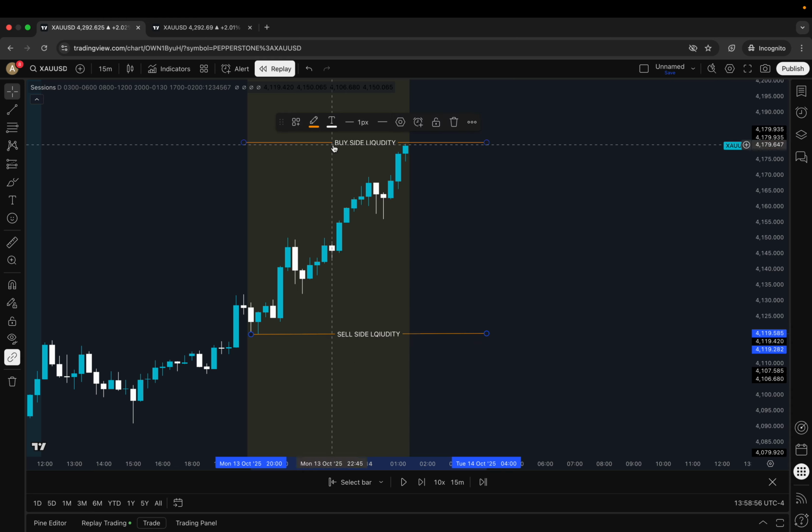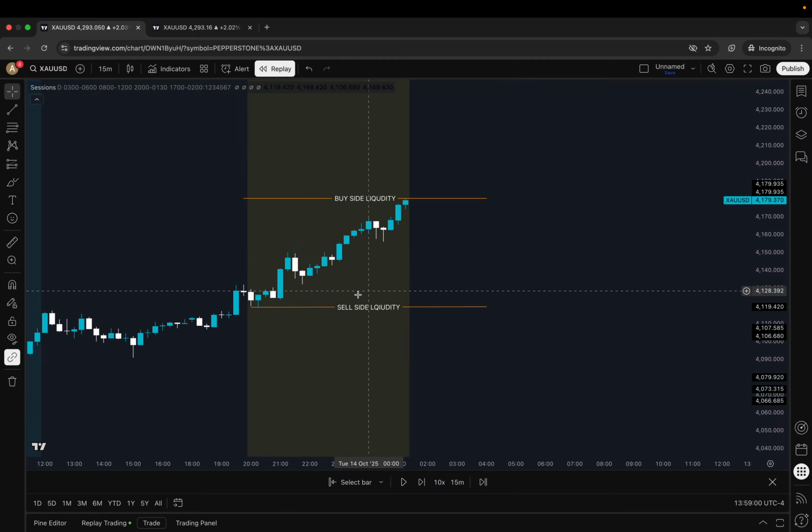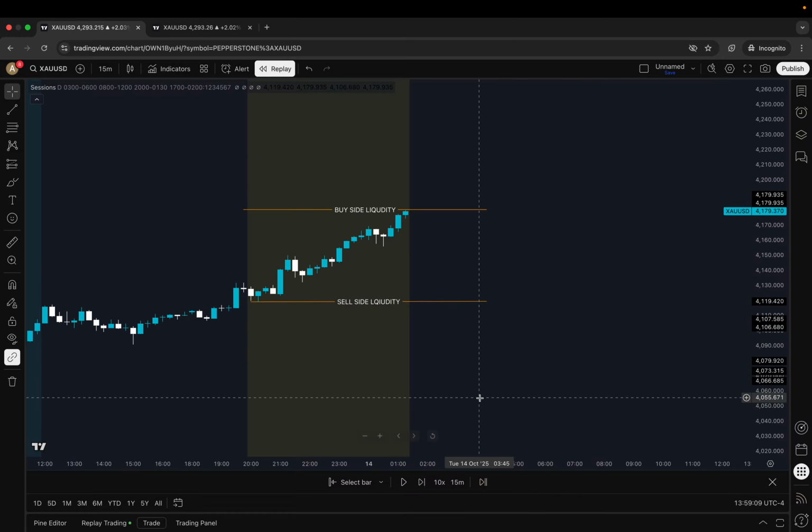Just change the color. Now, if we are looking to take sell positions, then we are waiting for buy side to be taken out, and if we're looking to take buy positions, we're waiting for sell side liquidity to be taken out. So let's see what happens.